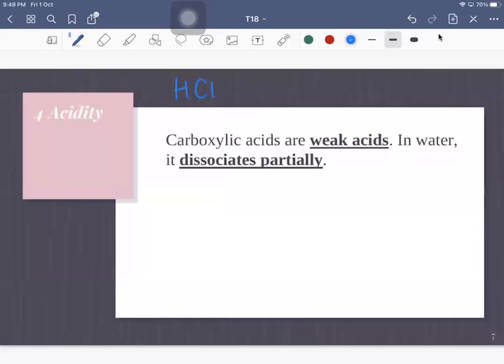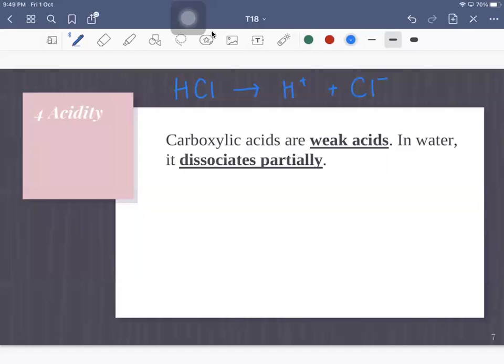And we talk about dissociation. We talk about how acids are molecules that release hydrogen ions in solution. So what happens is that when HCl comes in contact with water or in aqueous form, it dissociates into H plus, which is the definition of acid, and whatever is left becomes your anion.